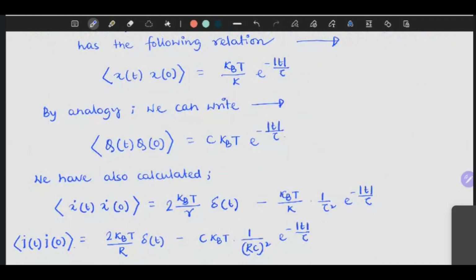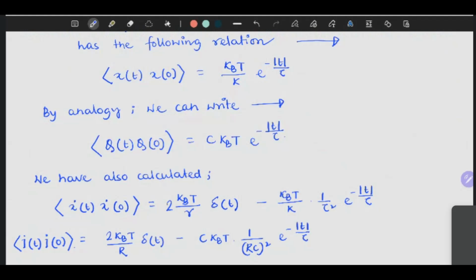Similarly, the autocorrelation of velocity is 2 kBT by gamma delta t minus kBT by k into 1 by tau square e to the power minus mod t by tau.